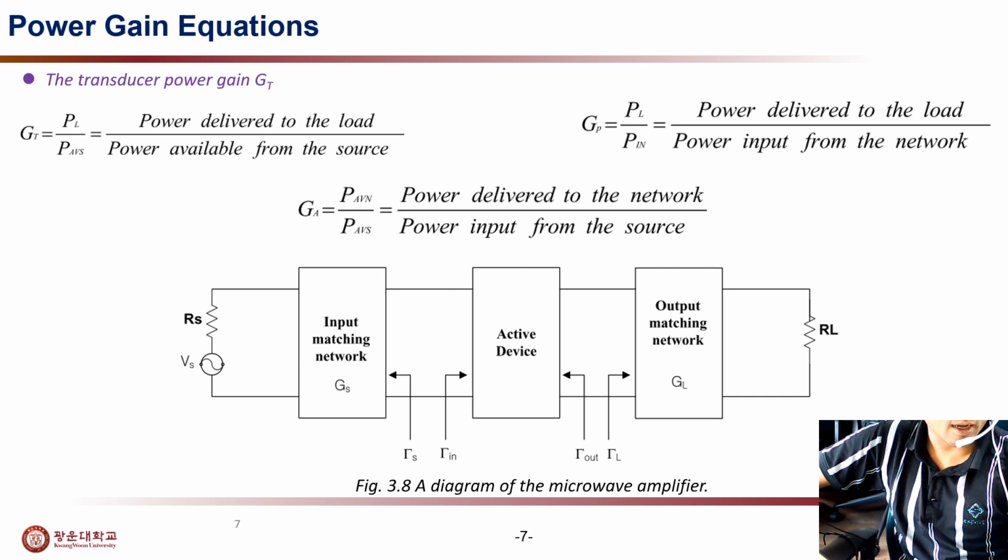Also I can see the input and output here, where RL is the load, VS is the input signal, RS is the series resistance with the source, and GS and GL are the gain parameters.